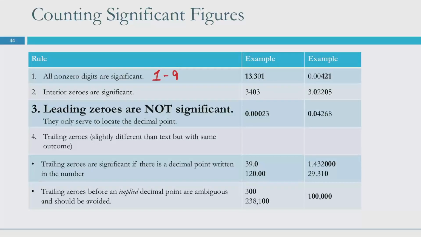We've also got 1 zero. Those 4 non-zero numbers are all significant all the time. Our interior zeros, so numbers that are between non-zero digits, are also significant. So this zero that we had in our first example, the 13.301, this zero is also significant because it's between 2 non-zero numbers.